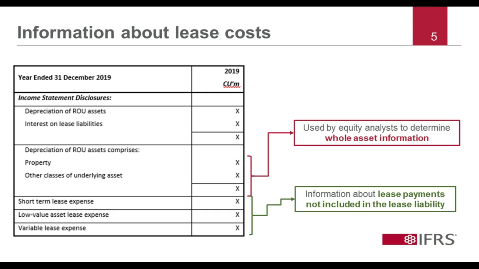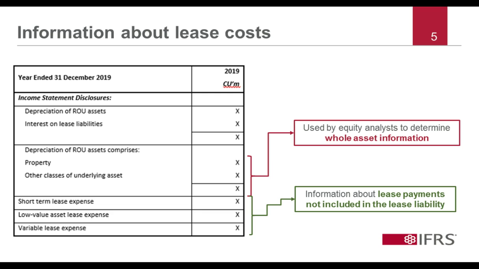These items enable users to understand what is hitting the income statement in respect of leases, including the finance costs that lessees are incurring as a result of their leasing activity. It's worth mentioning that the depreciation charge on right-of-use assets is one of the line items that users identified as being particularly useful from an asset movement table.